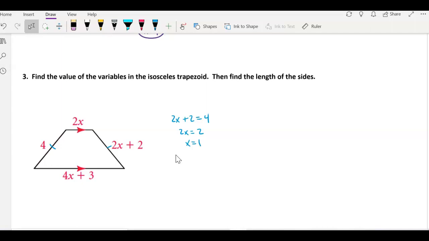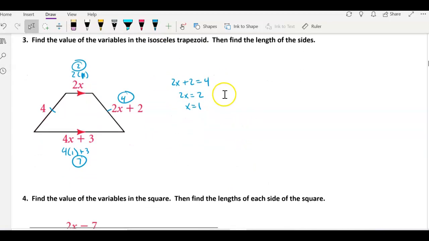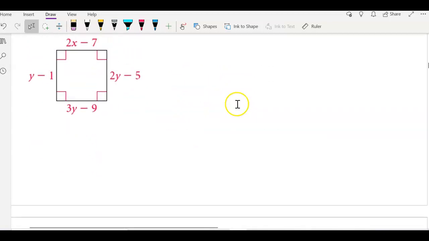Now if I want to find the length of each side, this side would have a length of 2, this side would have a length of 7, and this side would have a length of 4. So again, we're using the definition of an isosceles trapezoid to find the value of x and find the length of each side.